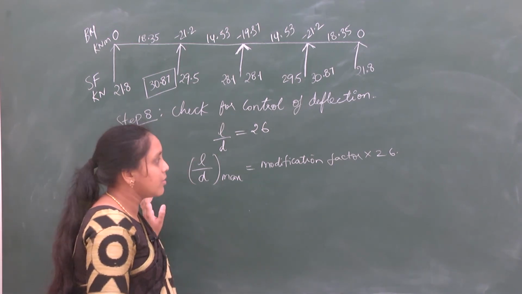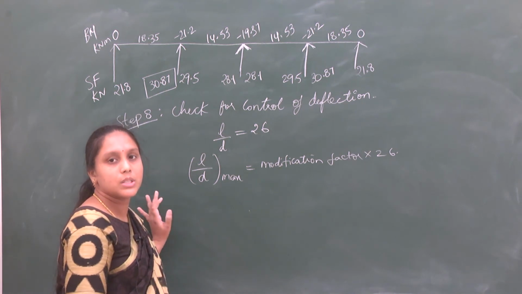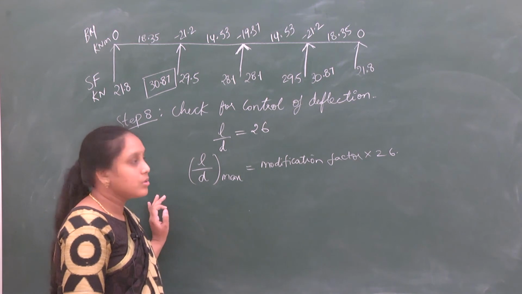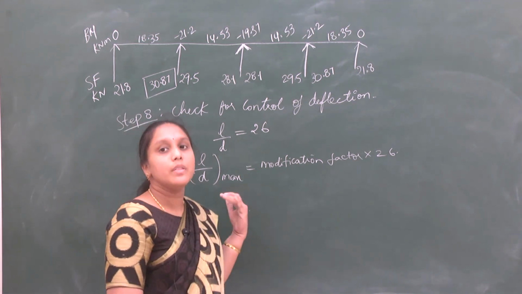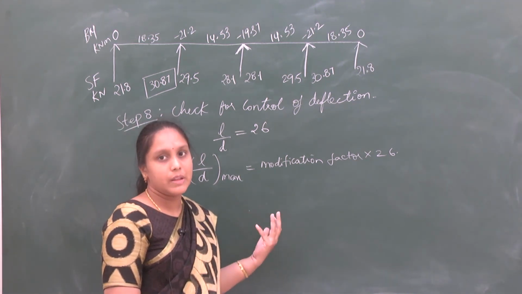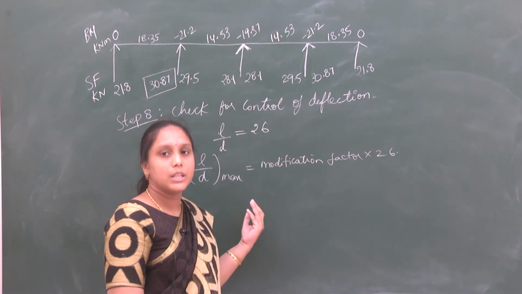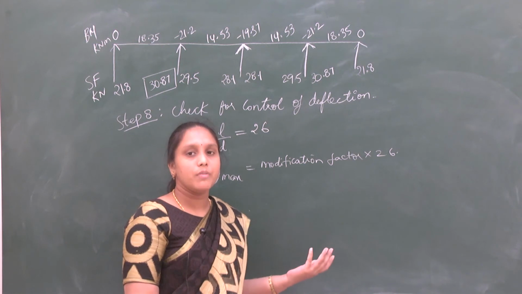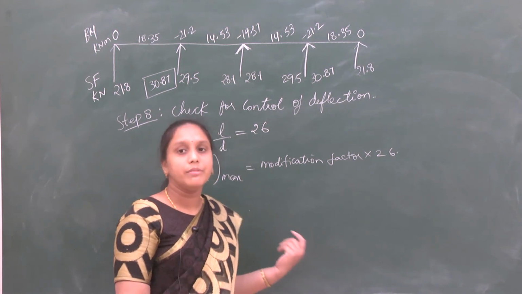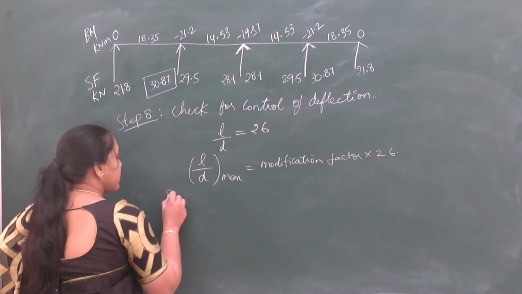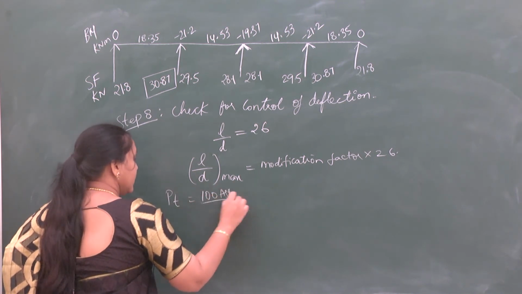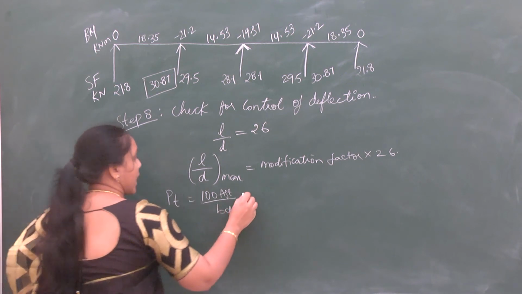The modification factor will be on the y-axis, and on the x-axis we are going to have the percentage of steel. Based on the curves for different stress levels, we have to calculate the modification factor for different percentages of steel. So first we will calculate the percentage of steel PT. It is 100 into AST by BD, which we have calculated previously.